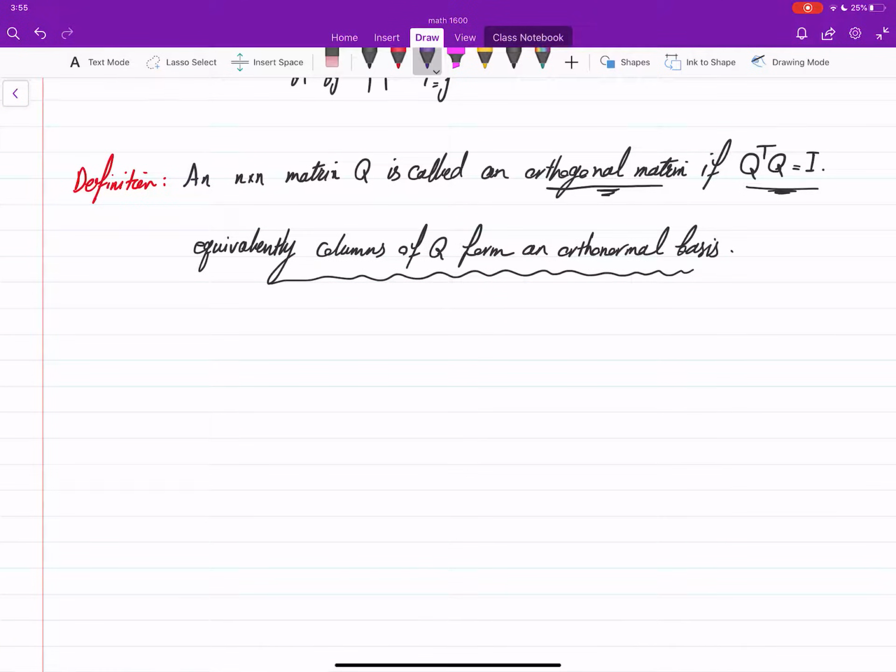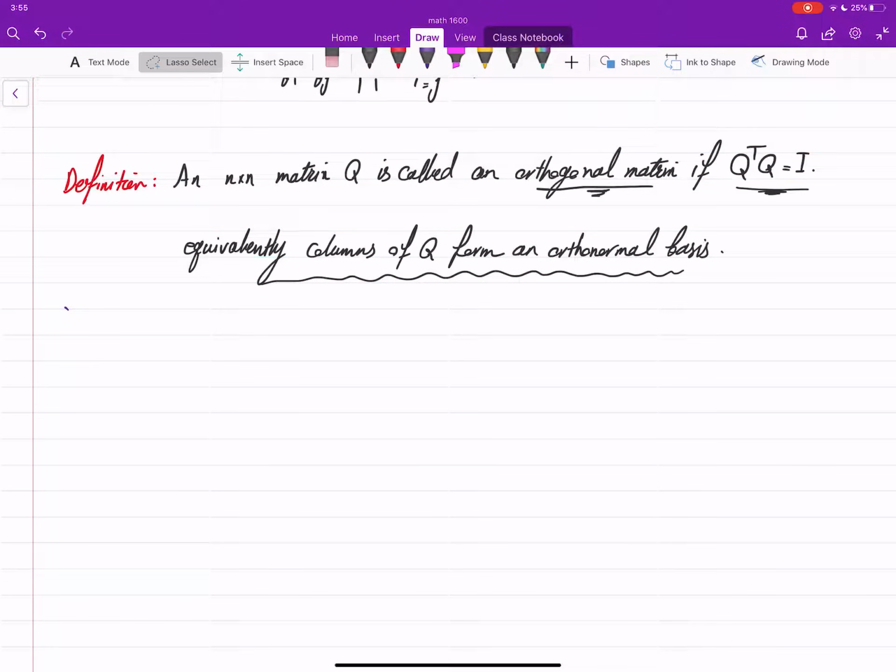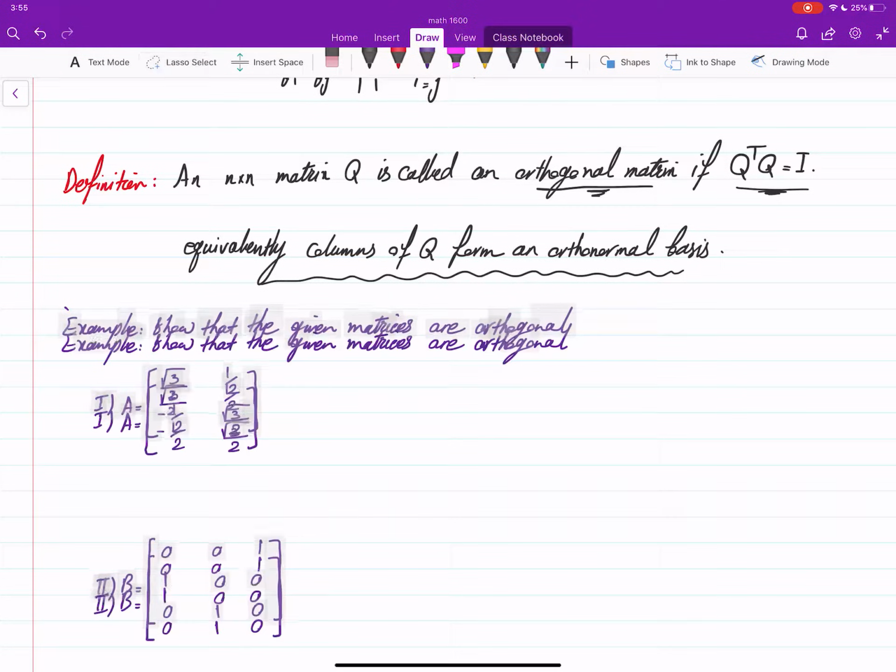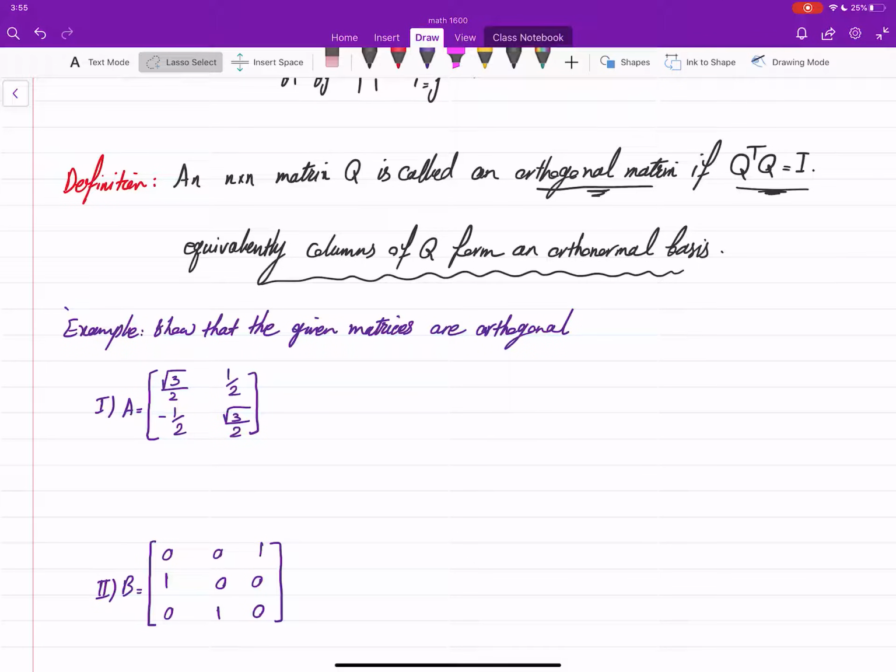Let's do some examples before we finish this video. Show that the given examples are orthogonal matrices. Okay, so what should we do? We have to show that A transpose A is equal to identity.